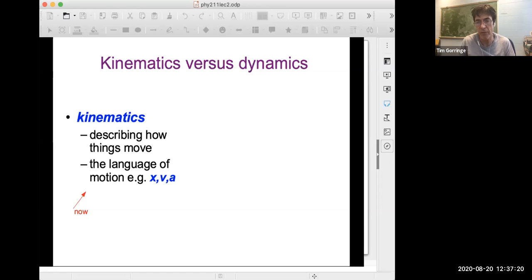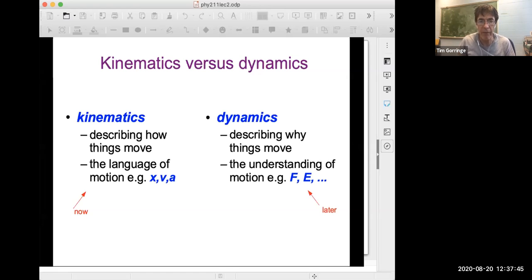Whether something's going fast or slow, or speeding up or slowing down, is described with kinematics. Kinematics is a language, and the components of the language we're going to meet today are things like displacement and velocity and acceleration. So that's kinematics, describing motion, and that's what we're going to begin now.